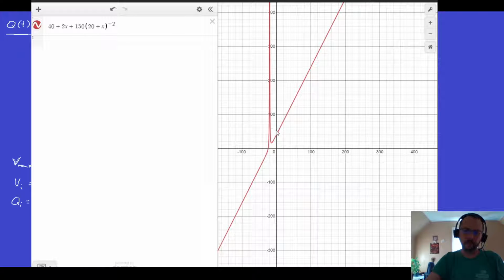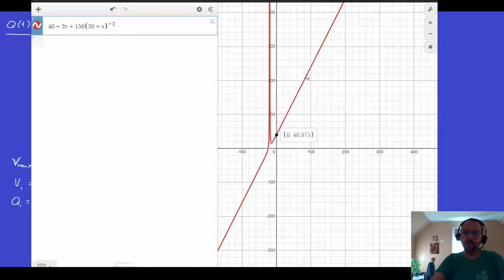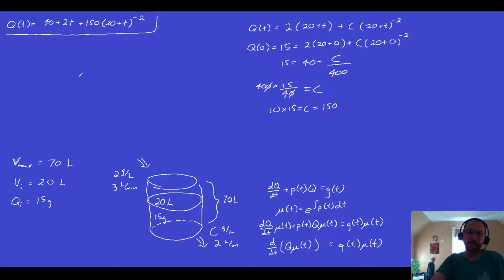This is a graph of our solution starting at time 0, because anything before time 0 we weren't trying to think about, and up until the point when the tank fills. The question is, at what time does the tank fill?